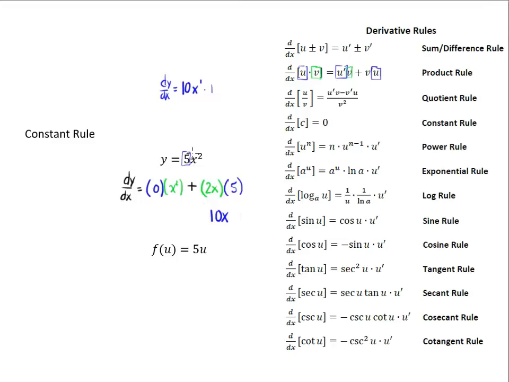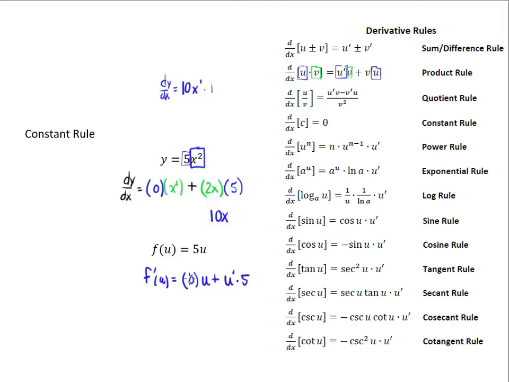So what's nice, if you are multiplying by a constant, you don't have to do the product rule. All it is, find the derivative of this part and times it by your constant. For example, down here, if I'm finding the derivative of f of u, this is going to be f prime of u. According to the product rule, I've got a constant right here, so the derivative of that constant is 0 times u plus u prime times that constant.